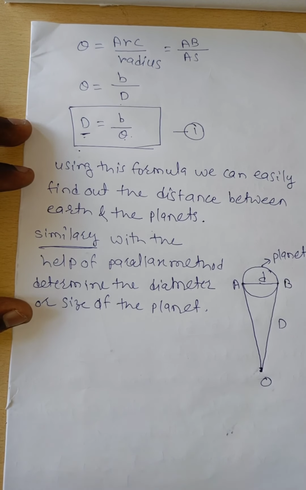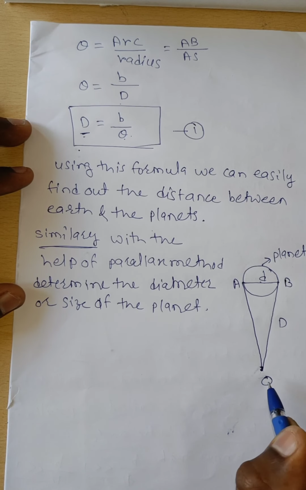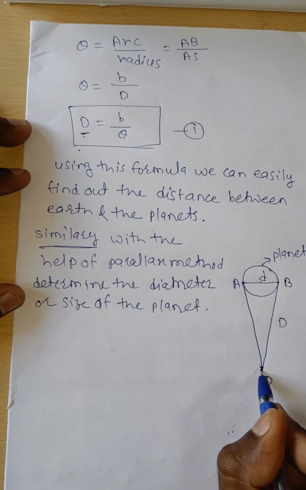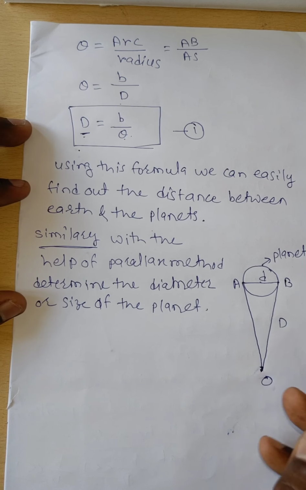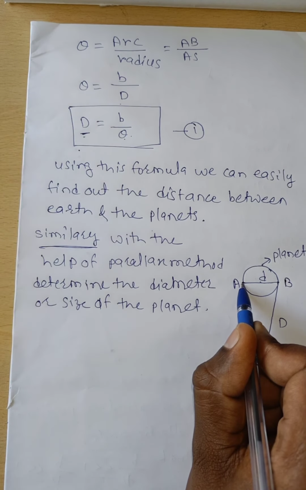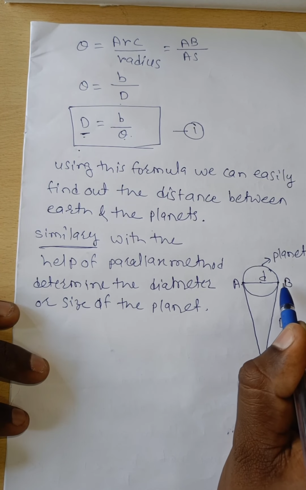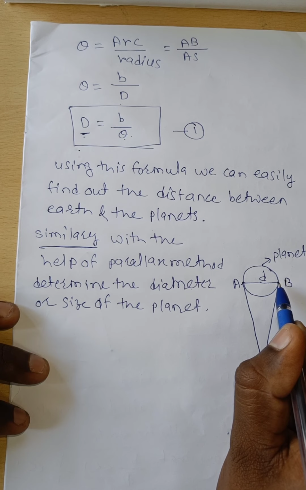This is the position, which we call O. From the observing point O on the earth, we observe a point A at one side of the planet, and similarly we observe the other side of the planet.